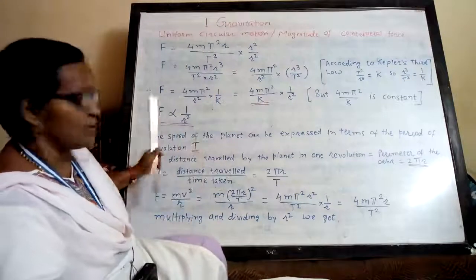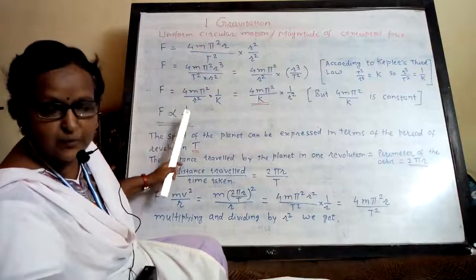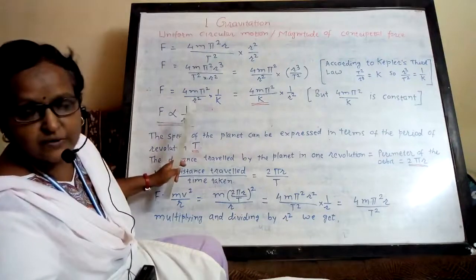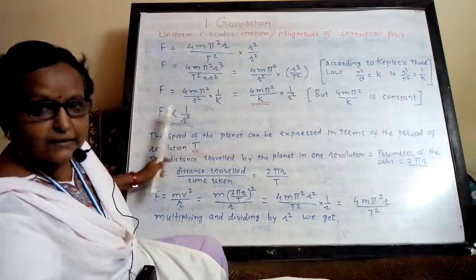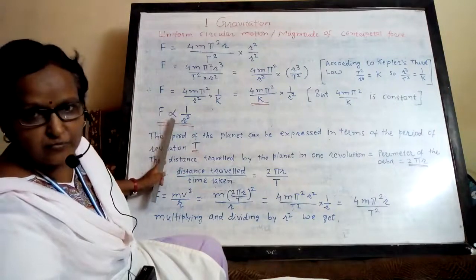Now this was given by Newton. This force is inversely proportional to the square of the distance from the sun, and Newton identified this force as the gravitational force.